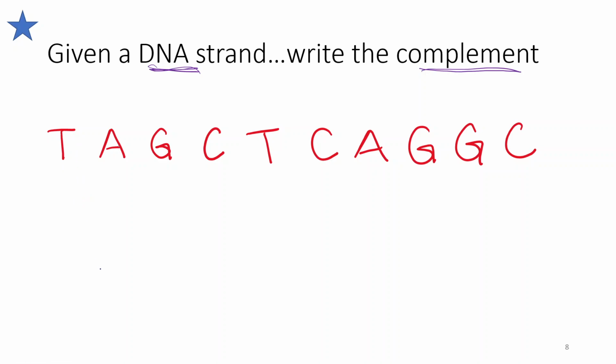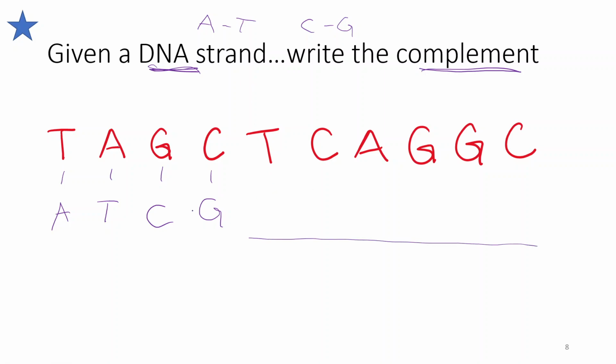And we want to pair these bases to make a complementary base pair. So we know that A binds with T and C binds with G. So we would have A, T, C, G, and then so on and so forth. And you can finish that sequence in iClicker.